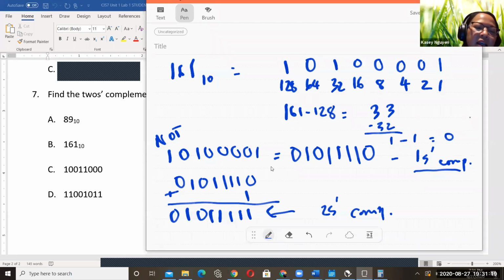And for C, I already give you the binary, so you simply start with not it and then add the 1. And if it carries, you have to make sure you carry it to get the right answer. Okay?